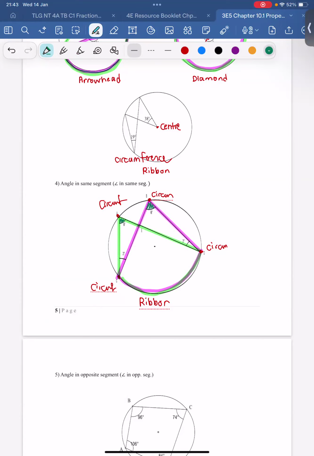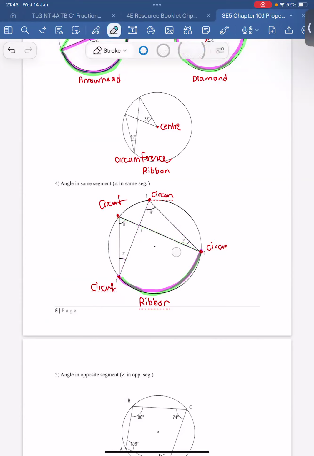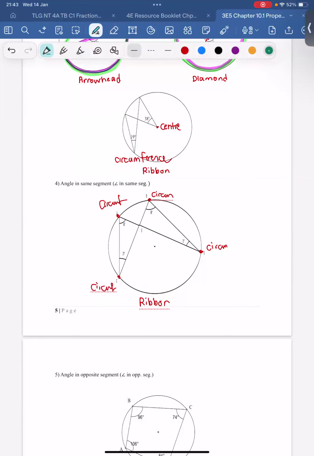Okay, let's take a look at the other side. Let's say this angle, you see I trace this angle, it will point to this arc. And when I trace this angle, it will also point to this arc. So now they share the same arc again, but both of them are at the circumference.